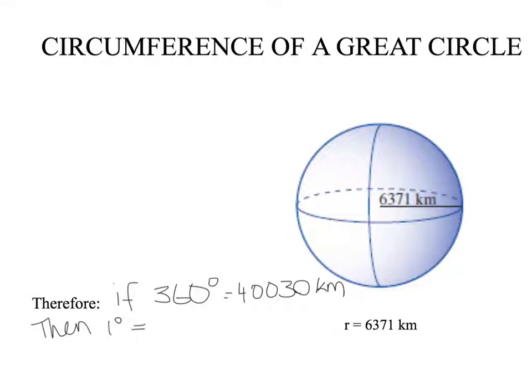So if we do that, we end up with about 111.2 kilometres. And so that is the rule that we're going to use. So I guess really we're going to put 1 degree is equal to 111.2 kilometres on a great circle.